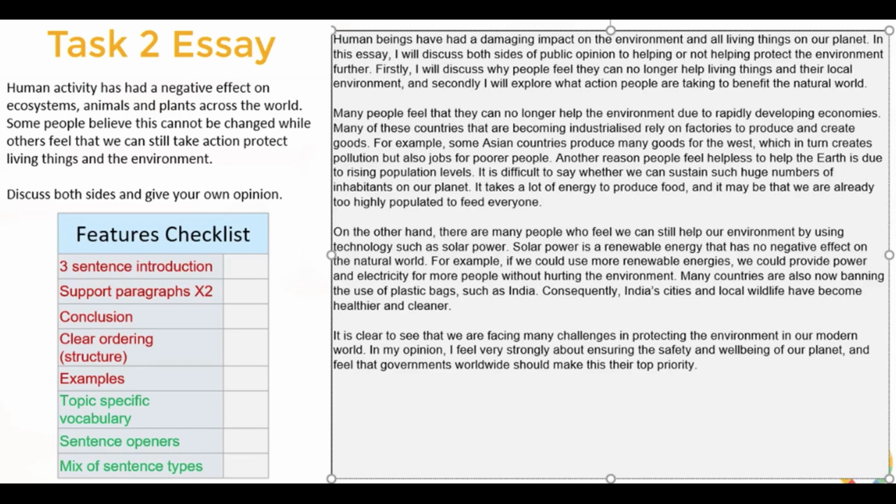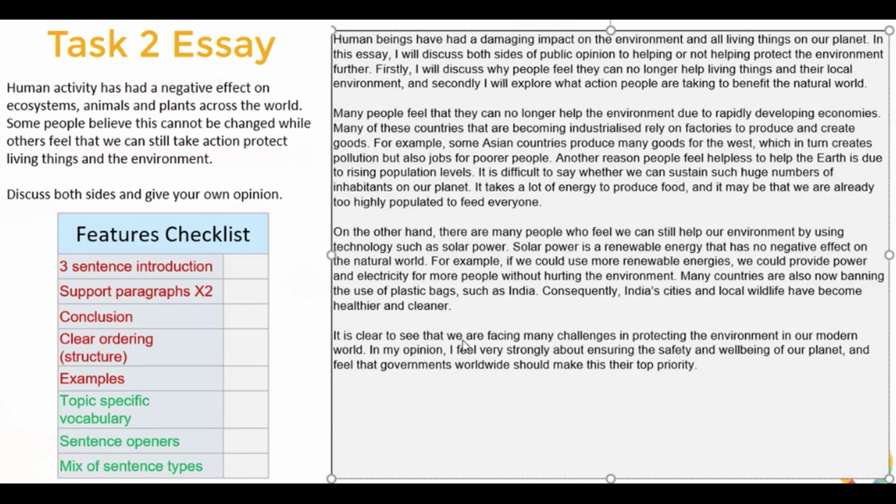For example, if we could use more renewable energies, we could provide power and electricity for more people without hurting the environment. Many countries are also now banning the use of plastic bags, such as India. Plastic bags is my second idea I want to discuss for helping the earth. Consequently, India's cities and local wildlife have become healthier and cleaner.